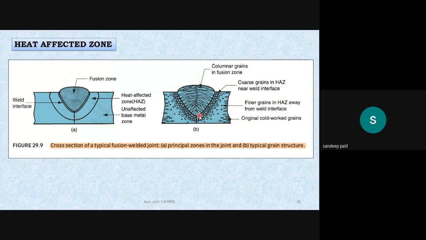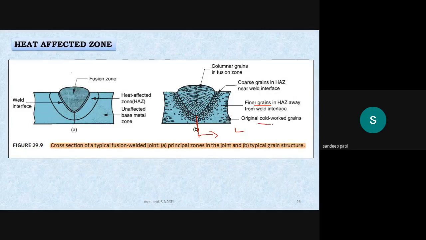As the heat passes from this particular point towards the next point, or from the center to this part, let me show you by drawing. As the heat passes here, from here it is the maximum heat, and it passes from high to low. In the intermediate temperatures we are getting finer grains, so we are getting the correct properties here.